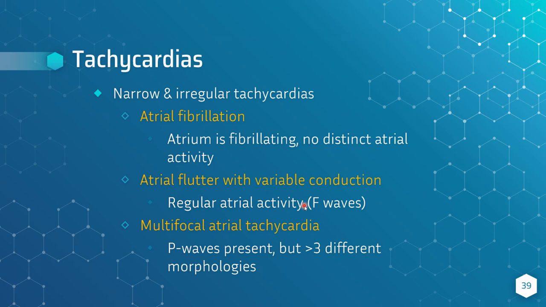Now, people with MAT usually are going to be your patients with pulmonary issues. So patients with COPD. It's also seen on patients who are taking theophylline, pulmonary hypertension. And so with MAT, you don't treat the rhythm, you treat the underlying cause, because it's the underlying cause that's causing the patient to be in MAT.